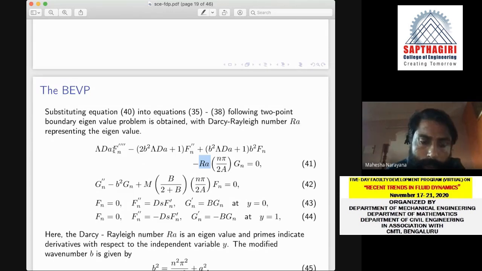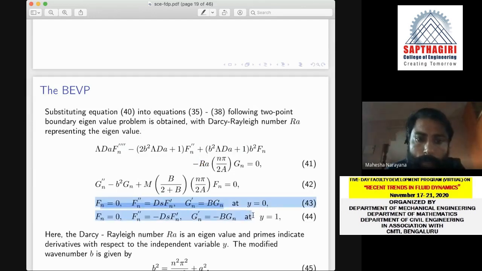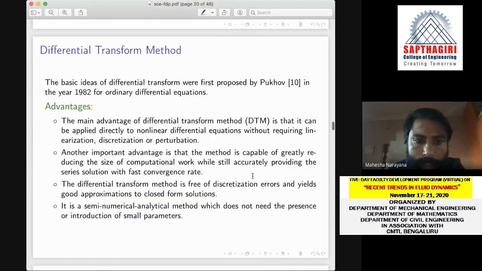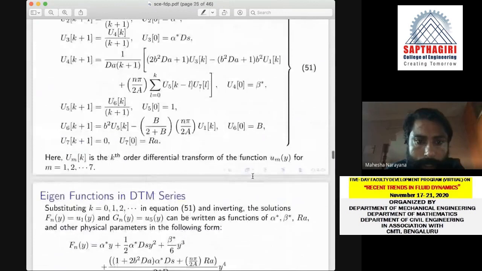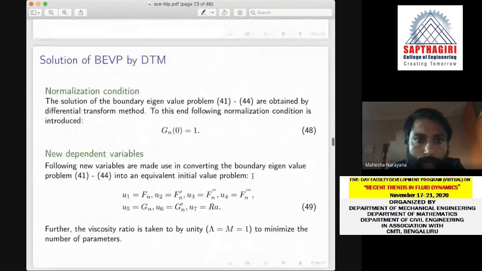There are three variables now, f, g, and Ra, but only two equations. So I need to introduce an additional differential equation in order to meet closure, and I would also require an additional condition for that particular additional variable.